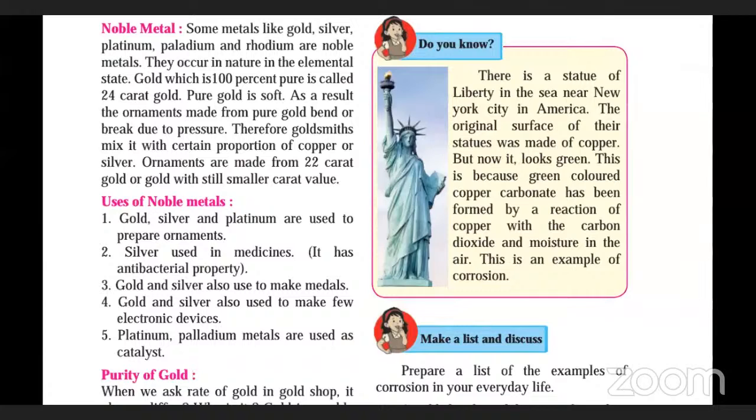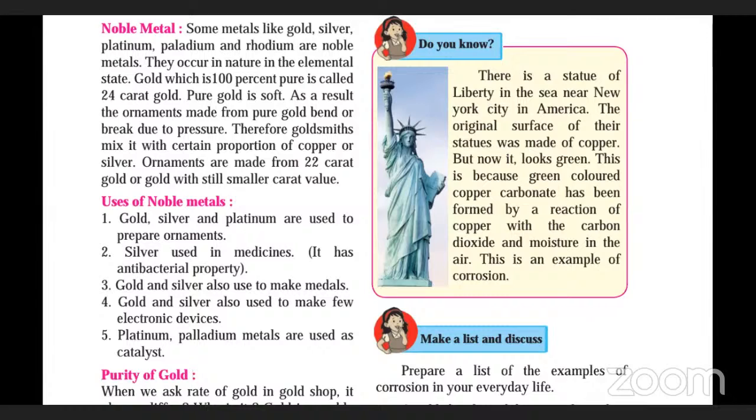So what is done here? Along with the gold, some other metals are mixed. Which metals are mixed? Copper and silver. Some amount of copper and silver is mixed along with the gold so that excessive softness is reduced and ornaments can be used in a good way.